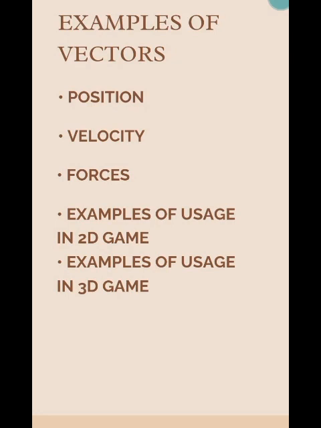In a 2D platformer, vectors are used to represent the positions of platforms, characters, and other objects. In a 3D game, example of usage. In a 3D first-person shooter, vectors represent the positions of the player, enemies, bullets, and other objects in 3D space.